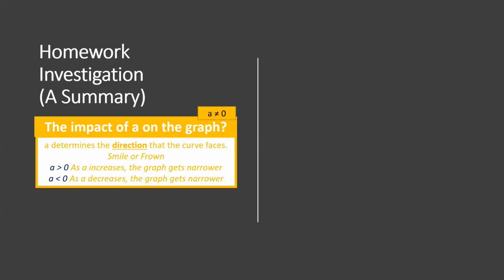So when A is positive, you have a smiling face, your graph is facing upward. It is a positive mood. When A is negative, so when you have minus A x to the power of 2 plus Q, your graph is negative, so when you draw it, it should be a frown. It should be a negative mood, okay?